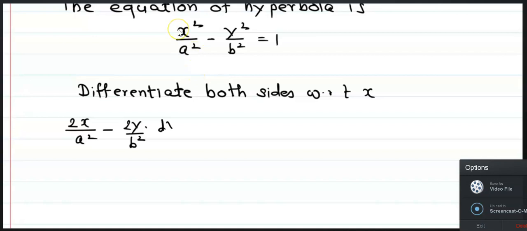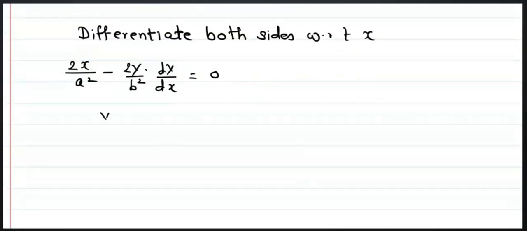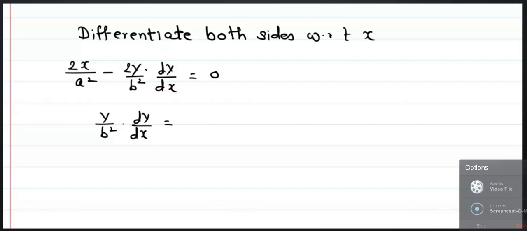The derivative of x square upon a square is 2x upon a square, a divided constant, minus the derivative of y square upon b square, which is 2y upon b square into dy by dx, equals the derivative of the constant. This is independent of x and its derivative is 0. Therefore, 2x upon a square minus 2y upon b square into dy by dx is equal to 0.